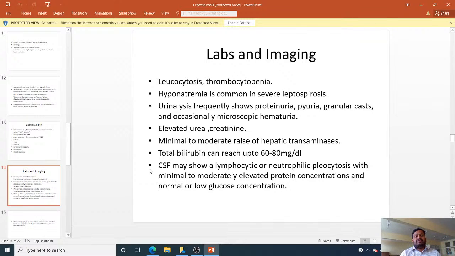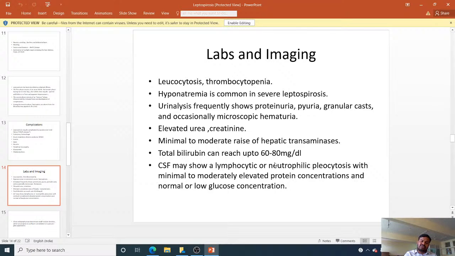Cerebrospinal fluid examination is important because these patients are more prone to aseptic meningitis. You should keep in mind that even the brain is involved in leptospirosis, so patients can present with meningitis. Leptospira is one of the organisms which can cause aseptic meningitis, so you should not rule out leptospirosis in patients with signs and symptoms of meningeal irritation.